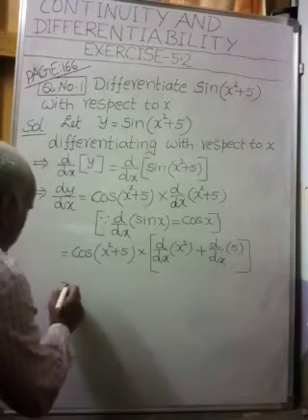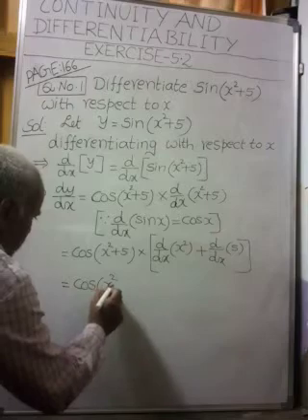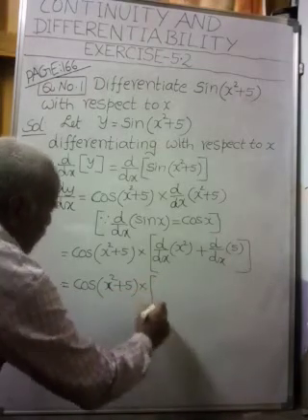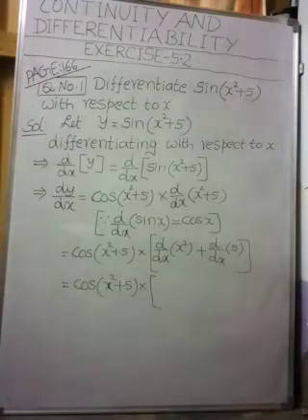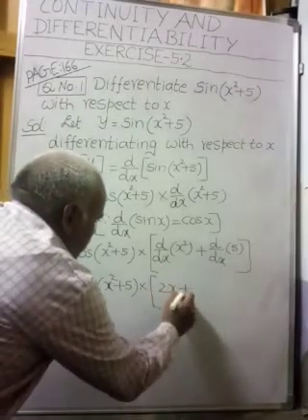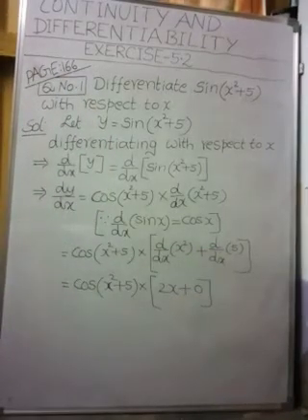Right. This is equal to cos of x square plus 5 into, what is d by dx of x square? It is in the form of d by dx of x power n. So its derivative is 2x plus, it is a constant function. d by dx of a constant function is 0. Okay, my dear children.